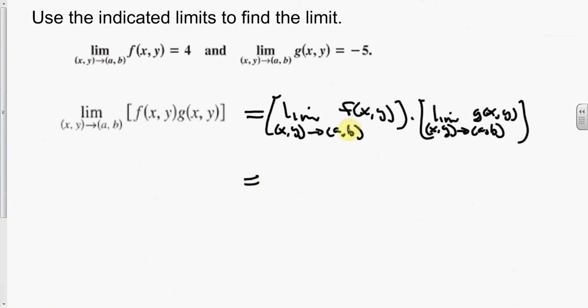Well, the limit of f of x, y is 4, and the limit of g of x, y is negative 5. So we just get negative 20. So there you're just computing the limit.